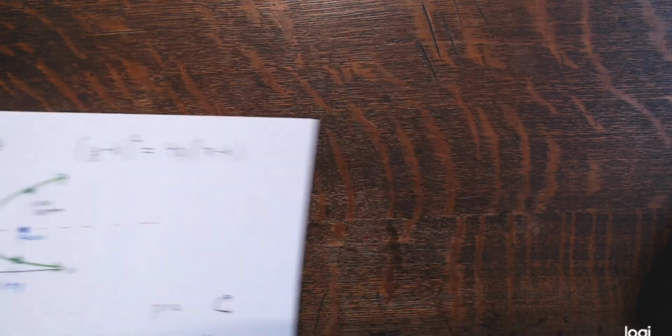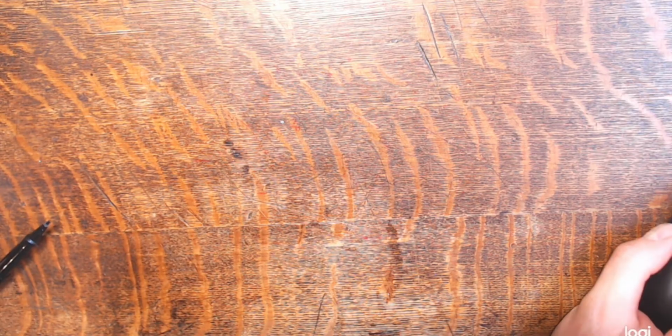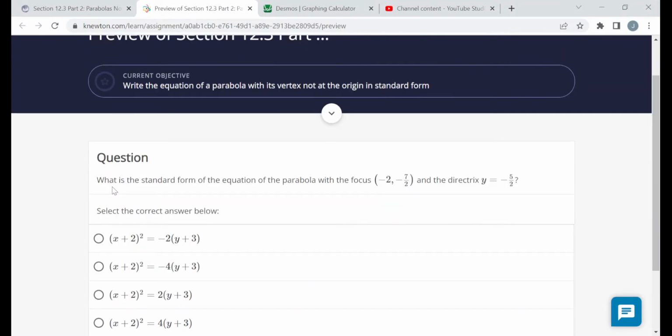So the first problem I'm given back in the assignment is, what is the standard form of the equation of the parabola with the focus at -2, -7 halves, and the directrix y equals -5 halves? All right, so I'll start drawing this.